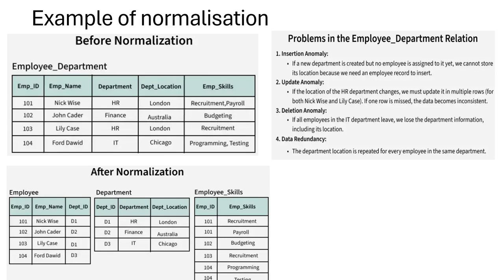Then the department will have the department ID, department name, and department location. Then on the employee skills, which were being repeated using those commas, we have employee ID and the skills. So that's it. It helps us to solve a number of problems.